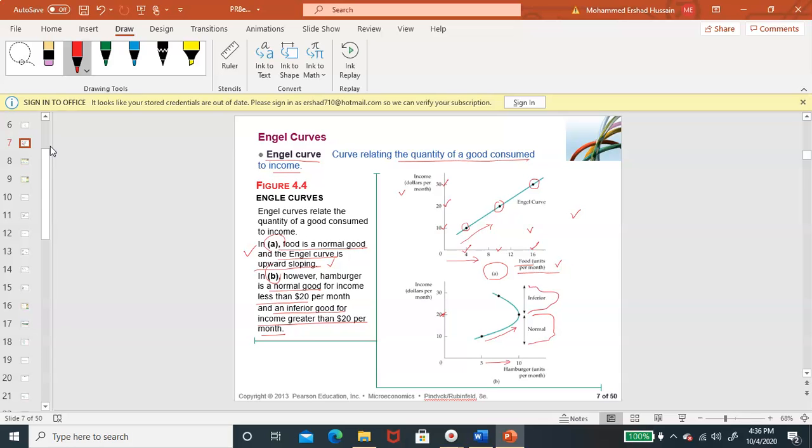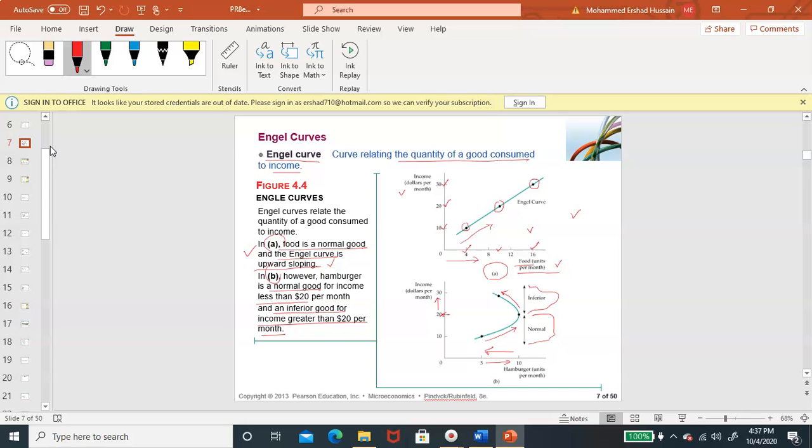But when income increases further, above 20, look at that. The Engel curve is bending backward. So the person now will consume less and less. So this is an inferior good.